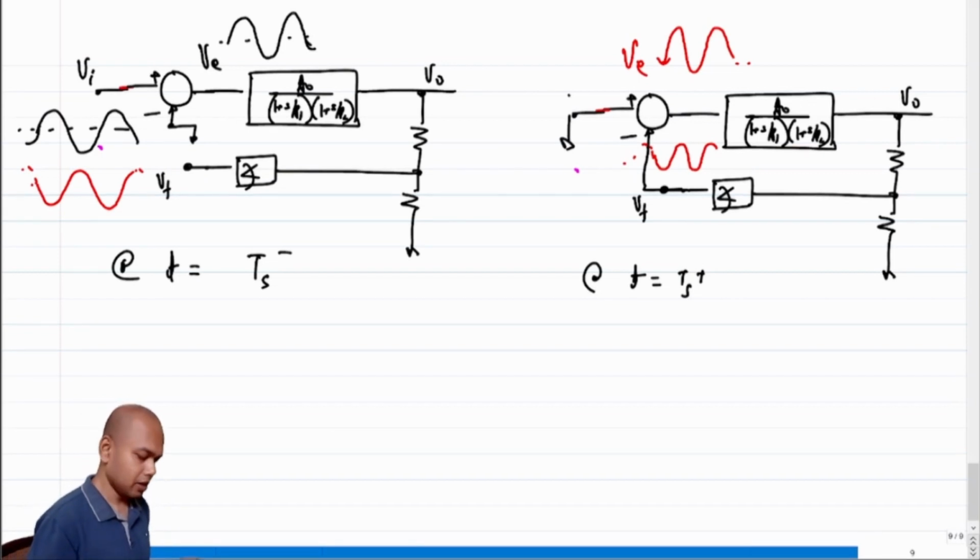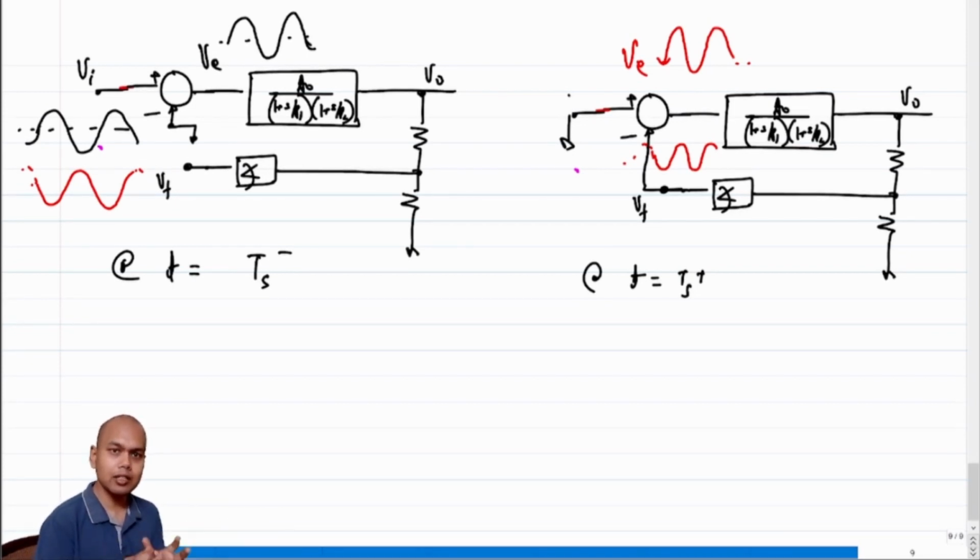Correct? Same amplitude, inverted feedback voltage, which means that from the perspective of the amplifier, its input hasn't changed, right? From the perspective of the amplifier, even though you have taken the input out, even though Vi is 0, the amplifier is still getting an input.